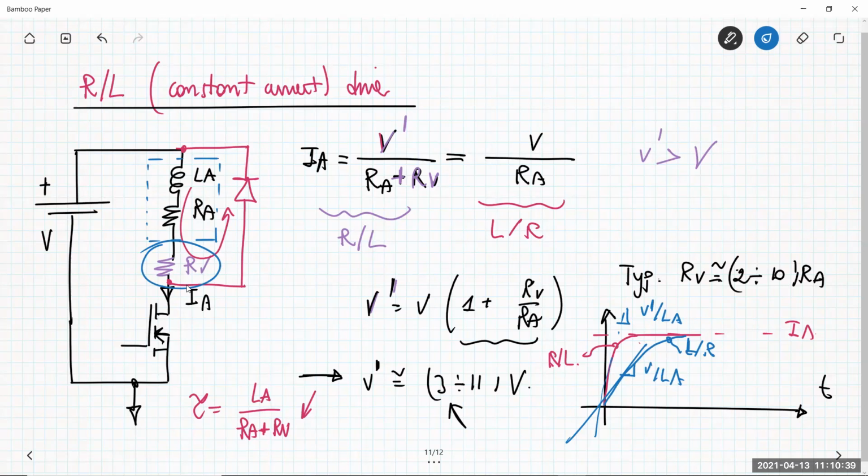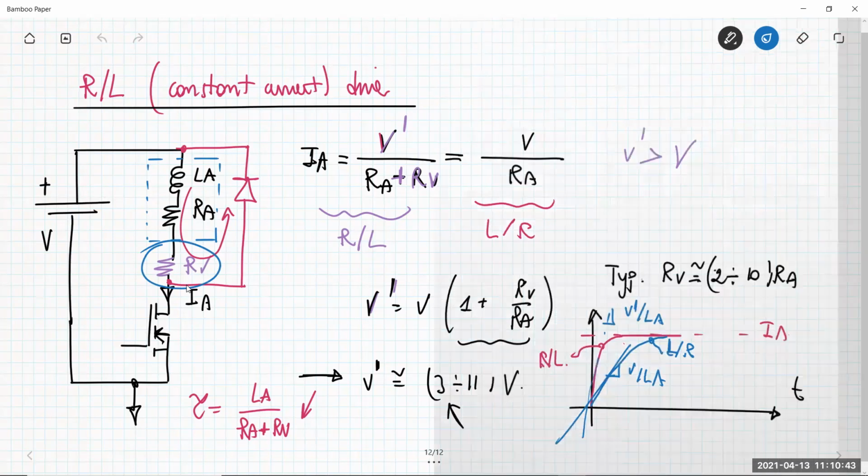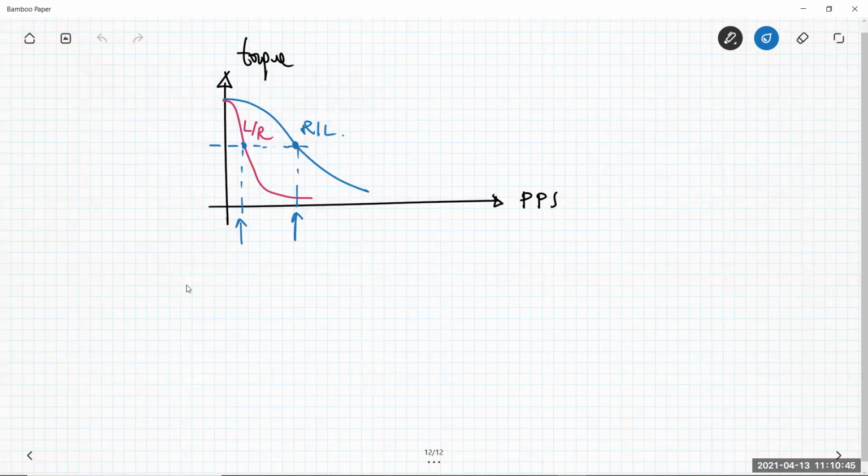So even the power which is dissipated in the winding is larger than before. So in terms of heating, the windings here are a little bit warmer than before. Specifically, they can be even larger in section if you want to consider this behavior. But anyway, this can be a possible solution.